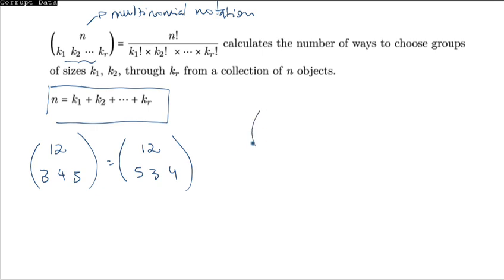Just to be clear, you won't ever find a multinomial notation with only 2 partitions. First of all, you couldn't have 12 choose 5, choose 3, choose 6, because this is not summing up to 12. This doesn't exist.